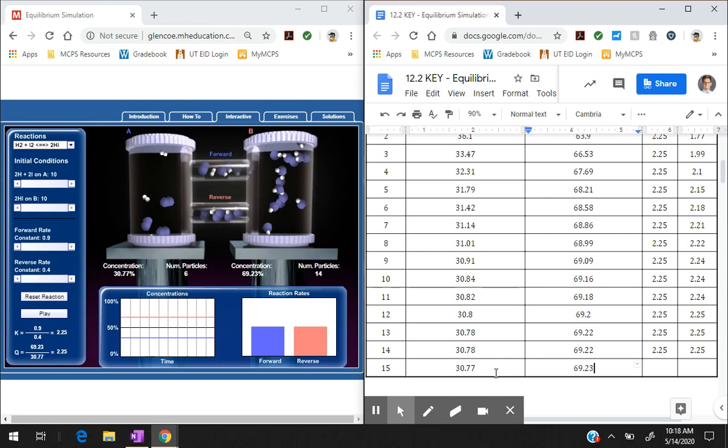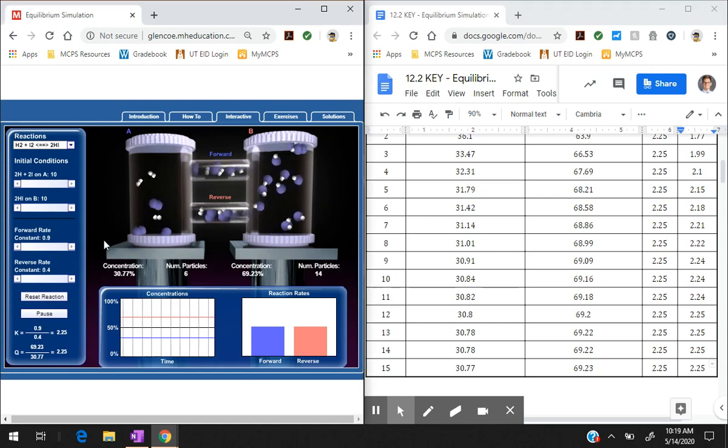So there are some very subtle, slight changes, but essentially we are at equilibrium. It appears the concentrations have stayed the same. The rate of the forward and reverse reaction are staying the same. And if I let this continue to play, it's just a flat line. So the concentrations are static.